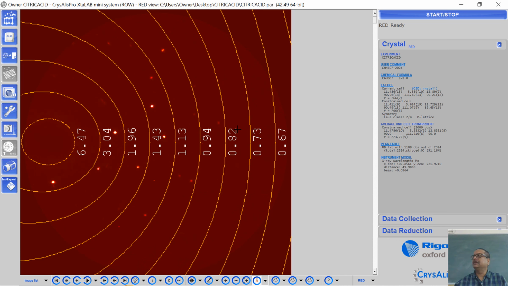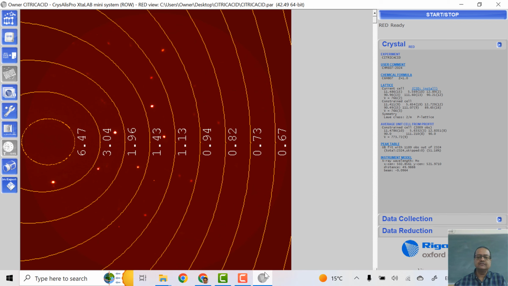And for us, we need data up to 50 degree 2 theta using molybdenum radiation, which corresponds to 0.84 angstrom resolution. So that 0.84 angstrom ring will be somewhere here, slightly inside the 0.82 ring, right? So it is diffracting up to the required resolution.